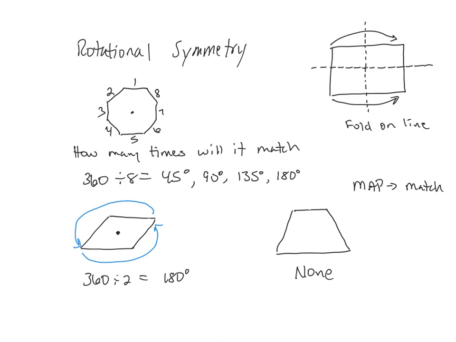When it matches, it lays on top of itself. On those ones, it wants you to list every degree that's possible but less than 180 degrees. So you can stop once you get to a number that's 180 or more.